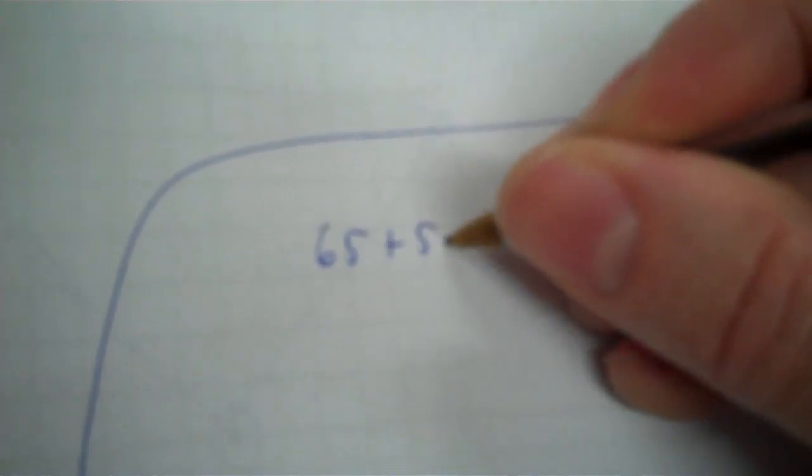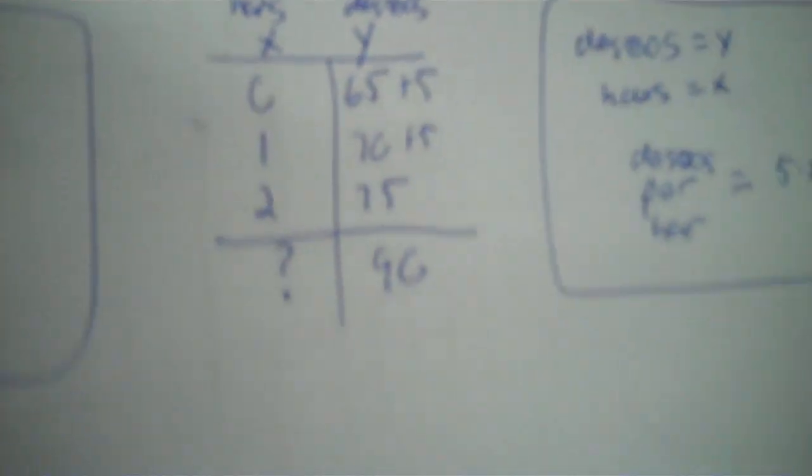Then we have to find when we're at 90 degrees, which I don't know. So now I make my line, and I clearly don't have to use the M and the B, because I know my 65 is where the Y starts, and then plus 5 times X. So your equation is 65 plus 5 times X equals Y. Then Y is equal to 90.